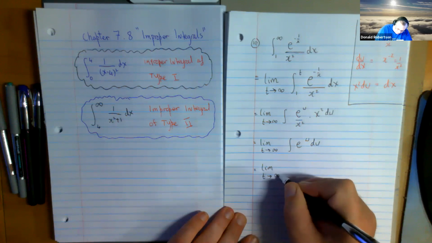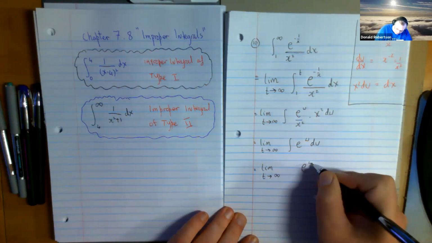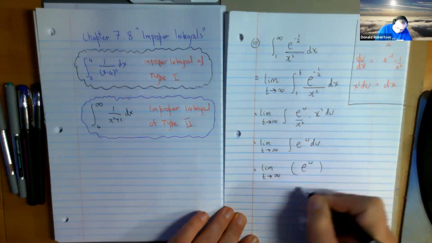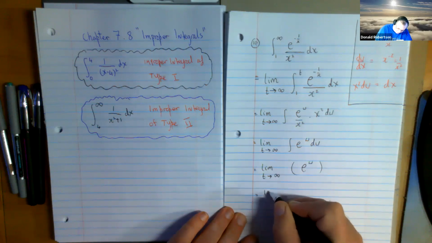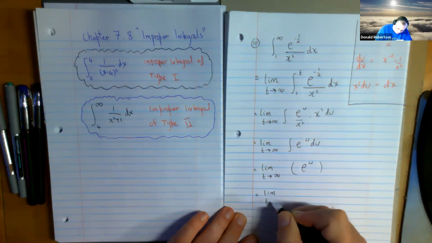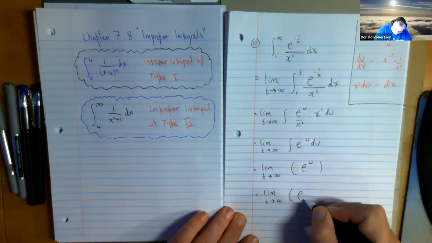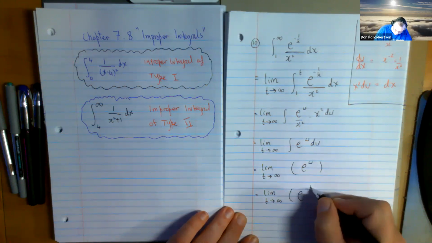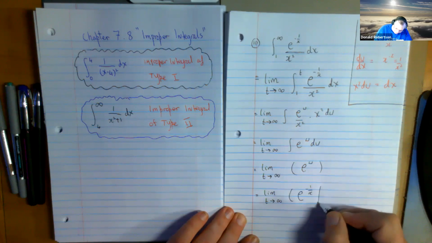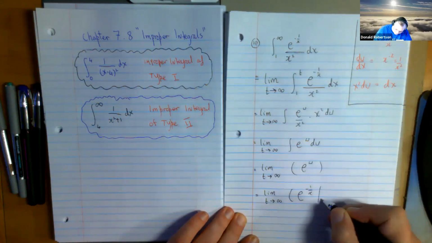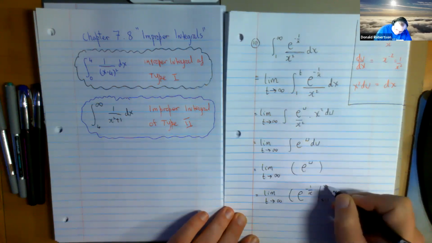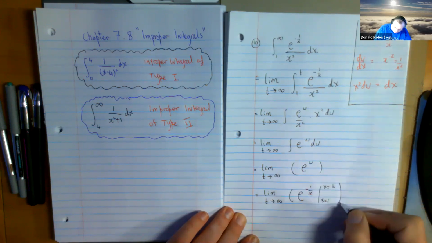Well, if you want to integrate that fellow, you just get e to the u. We return it back to the x's, and so it's that fella. And now we can evaluate at 1 and at t.